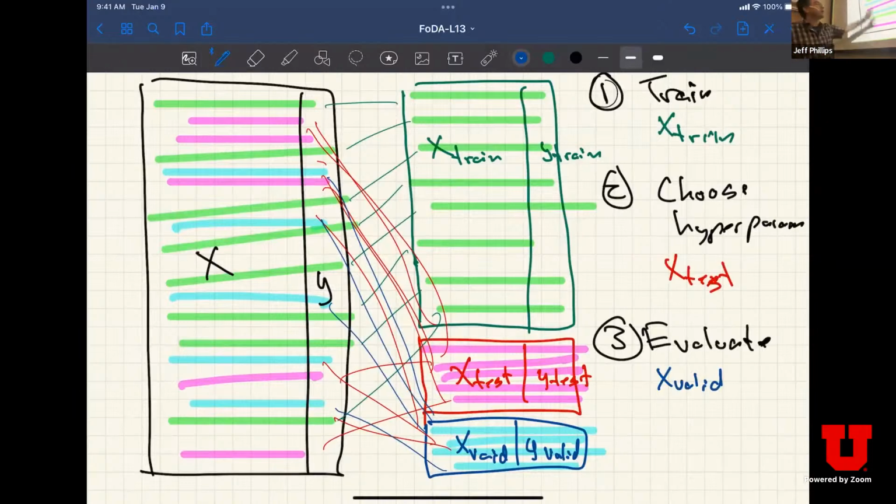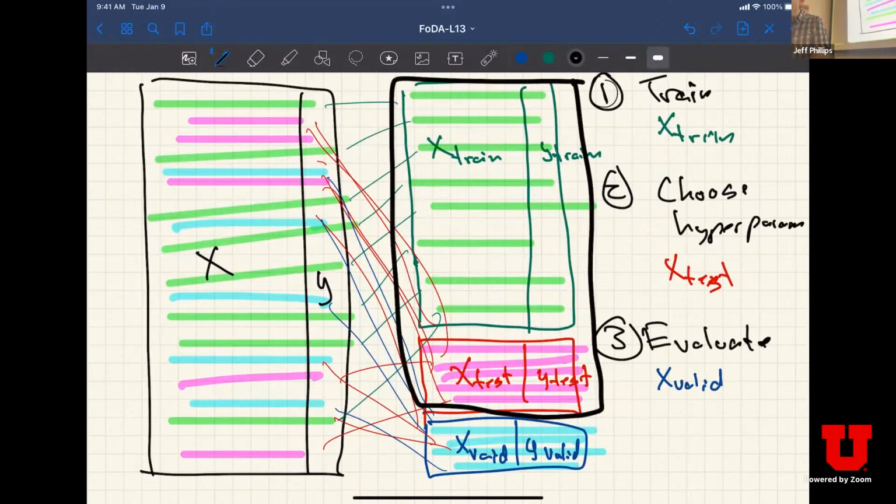Okay, and because this is a random thing you've held out, the held out set from this whole process, you actually want to view this whole procedure as all part of the training.